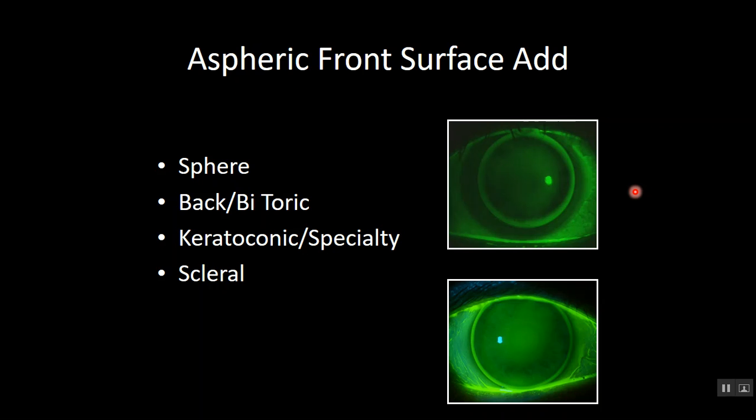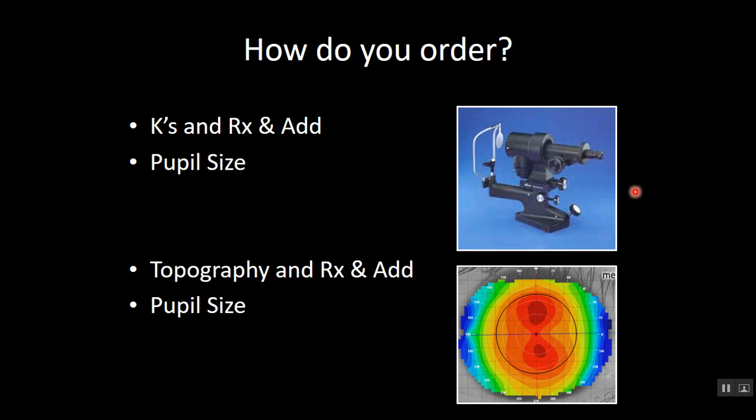If they're a back toric or a bitoric, that can be added to the lens. If they're a keratoconic, that can be added to the front of the lens, or a scleral. But the key being the centration of those lenses and the centration in relationship to the pupil. If the pupil's highly decentered in relationship to the position of the lens, we're going to be challenged in the fitting.